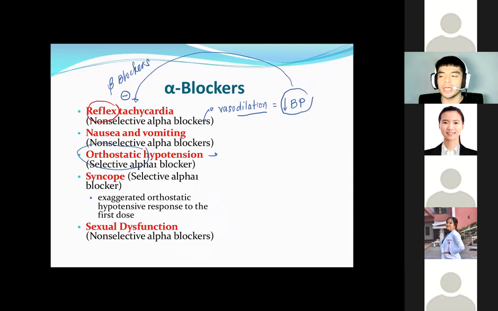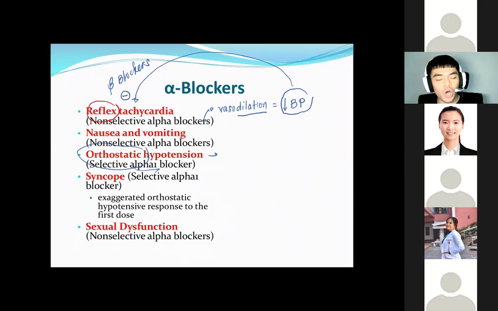Pero thank God, kahit nagbabago tayo ng body position, hindi tayo hinihimatay, kasi active ang ating utak in compensating that. However, pag ikaw ay gumagamit ng alpha blocker, nahihirapang makompensate ng katawan natin yung sobrang pagbaba ng blood pressure. Kaya ang impact nun sa katawan when we use alpha-1 blocker, pag bigla tayo nagbago ng body position, ina-hypotension tayo agad.